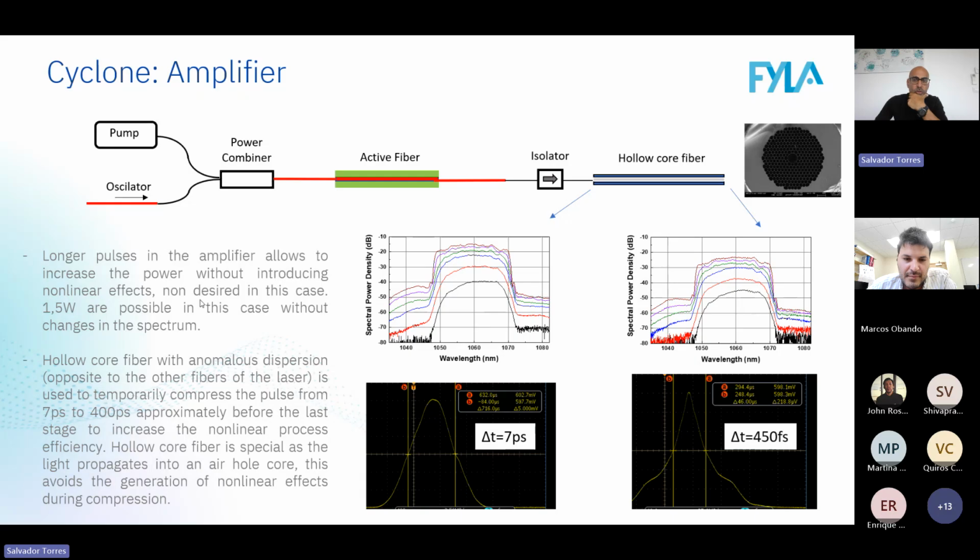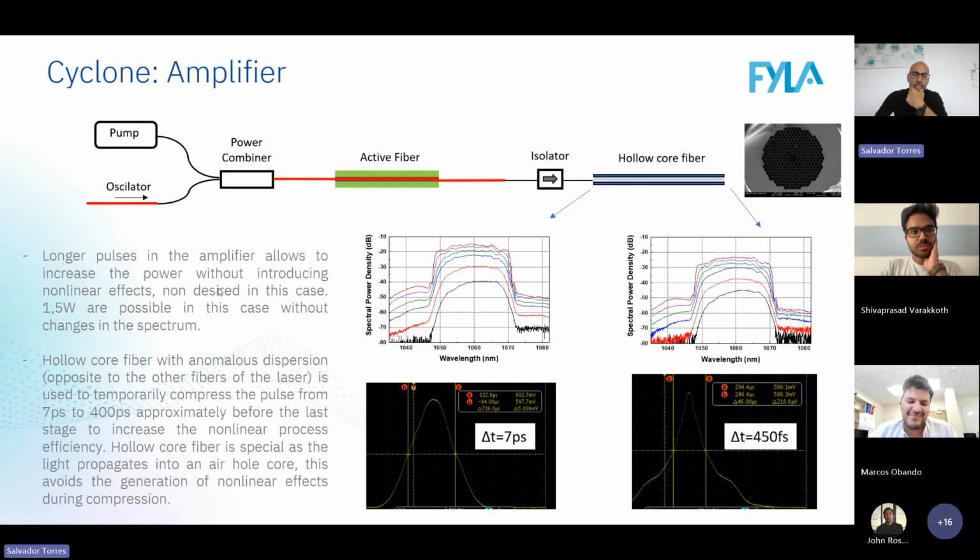For this laser, we want to generate spectral broadening only using the self-phase modulation effect, as the result is a temporally coherent pulse. This graph shows how the total power increases up to 1.5 watts in this case, without significantly broadening the spectrum.